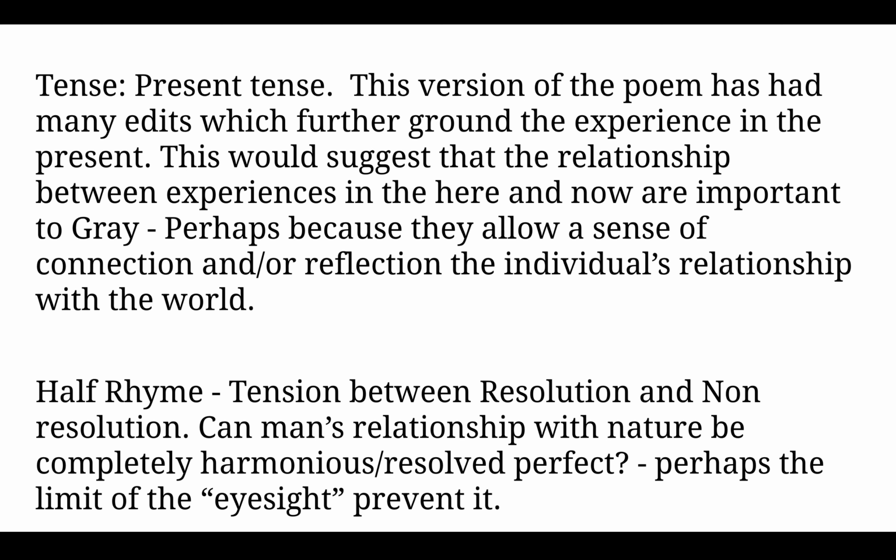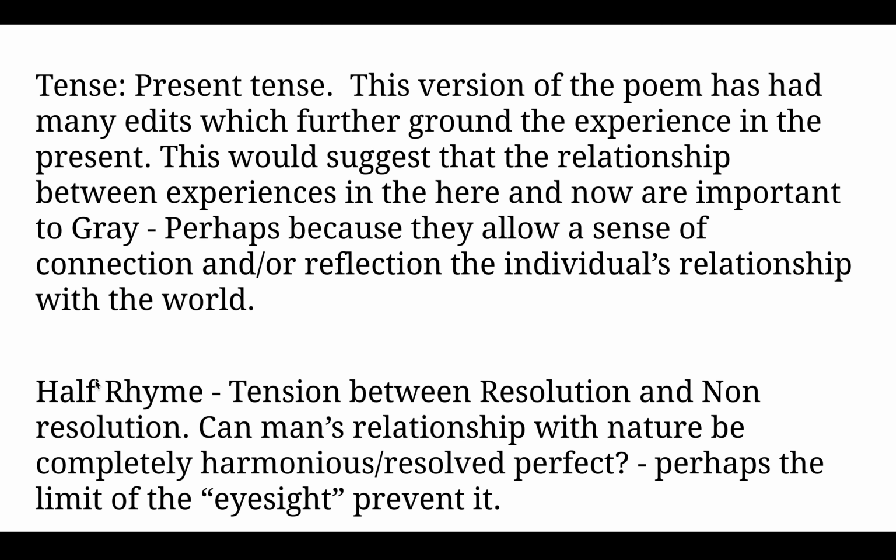Gray might be saying that this allows a sense of connection and reflection of the individual's relationship with the world. So Gray is stressing there that in being present is the chance that we can transcend, that we can reflect, that we can feel a connection and recognise those connections.